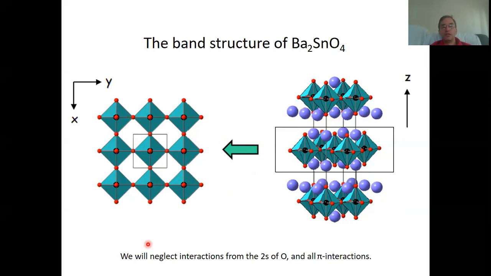And furthermore, we will neglect all the interactions from the 2s of O and further within one layer, and also all pi interactions within one layer. Okay, so we will consider only the p orbitals of oxygen as the valence orbital, and we will only consider the 5s and the 5p orbitals of the tin as valence orbitals. We will neglect that the oxygen has also 2s orbitals available to make bonding.